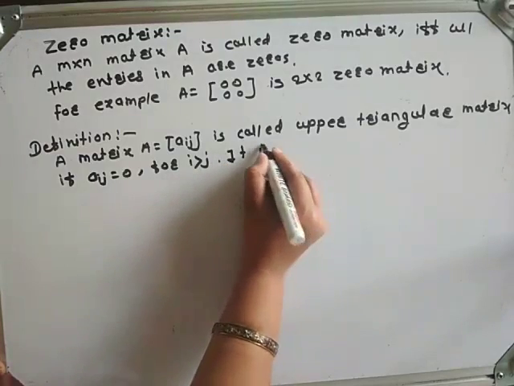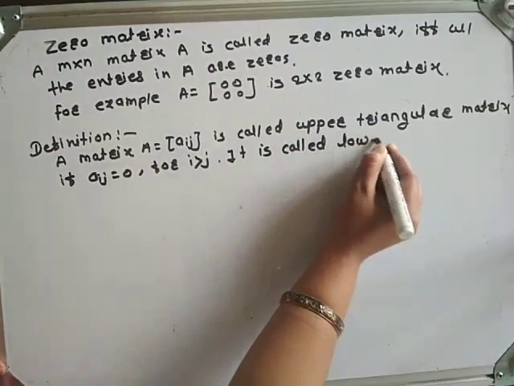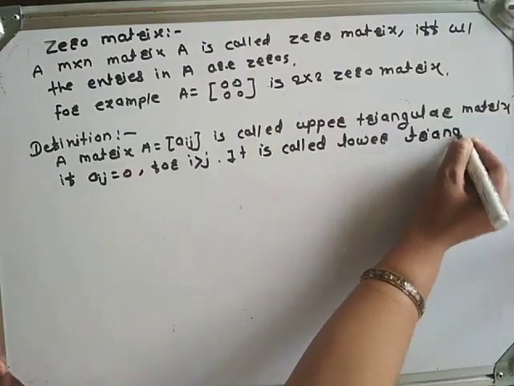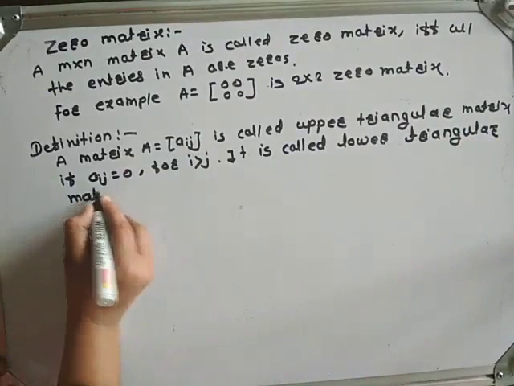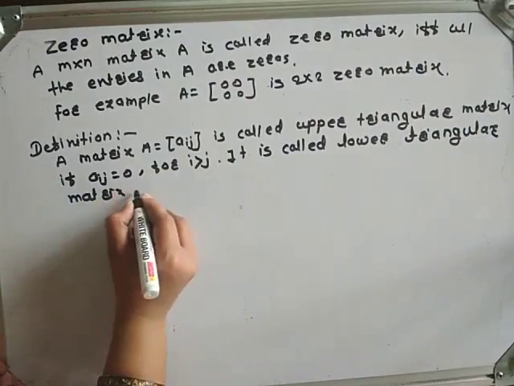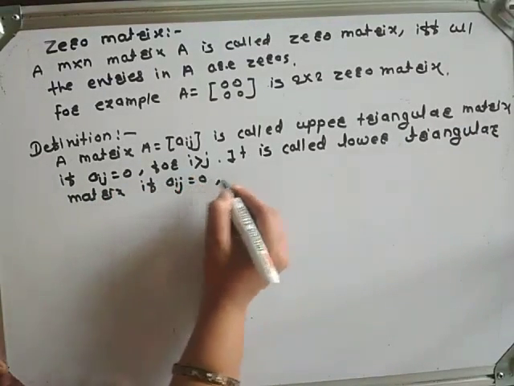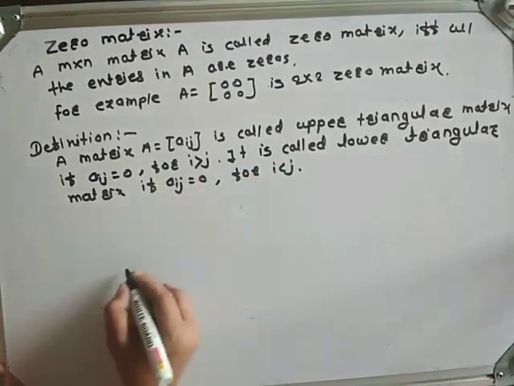It is called a lower triangular matrix if Aij is equal to 0 for i less than j.